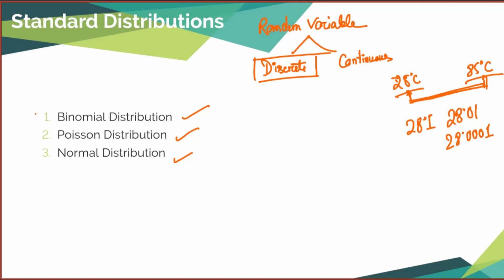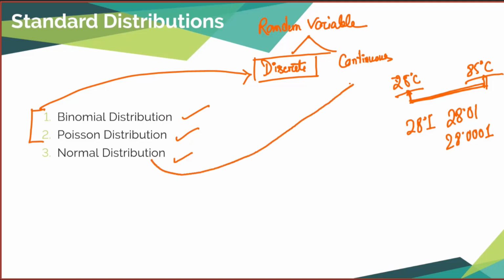So binomial distribution and Poisson distribution are related to discrete random variables. The probability pattern of a discrete random variable leads to binomial distribution and Poisson distribution, whereas normal distribution is related to continuous random variables. So in this lecture, we are going to learn about 2 discrete distributions and 1 continuous distribution.